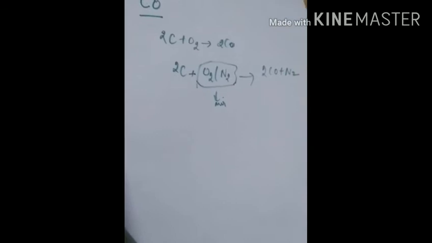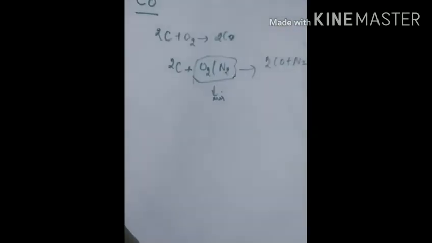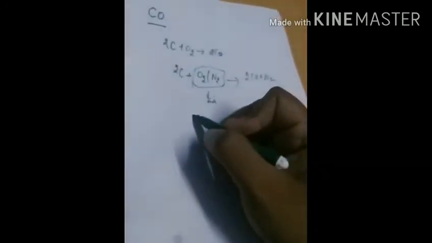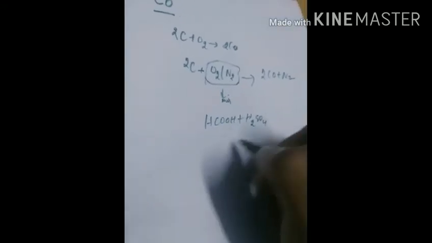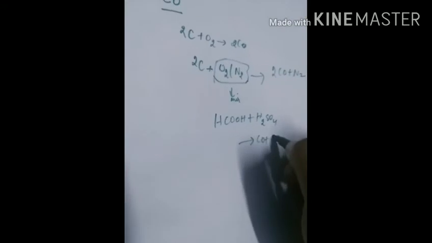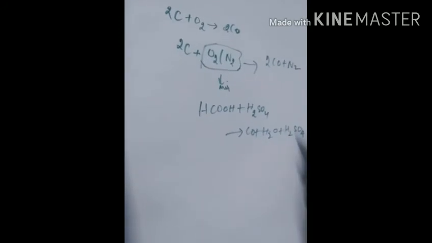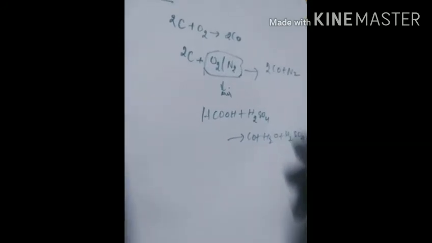Carbon monoxide can also be prepared by warming methanoic acid. Methanoic acid is HCOOH, which is treated with sulfuric acid to produce carbon monoxide, H2O and the remaining H2SO4. This is another preparation of carbon monoxide.